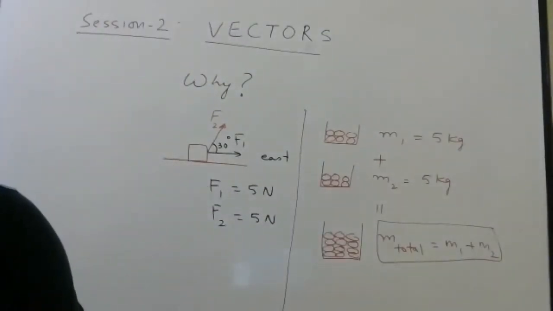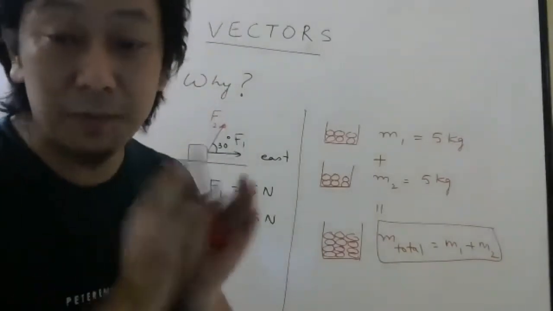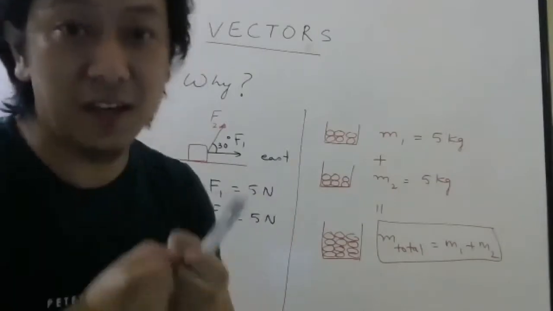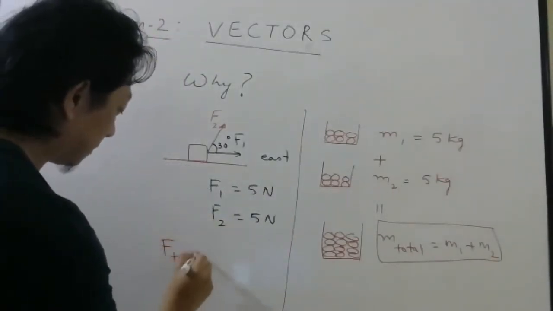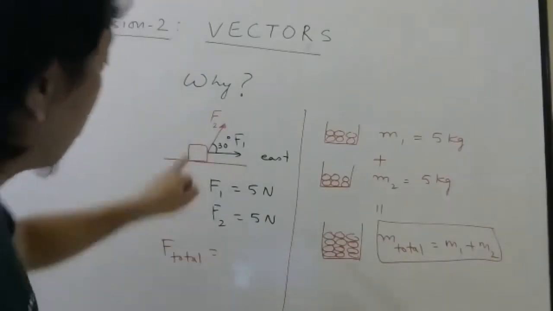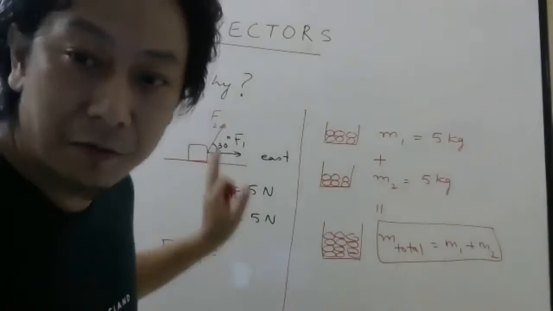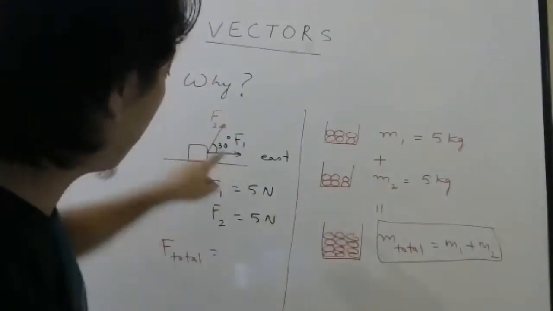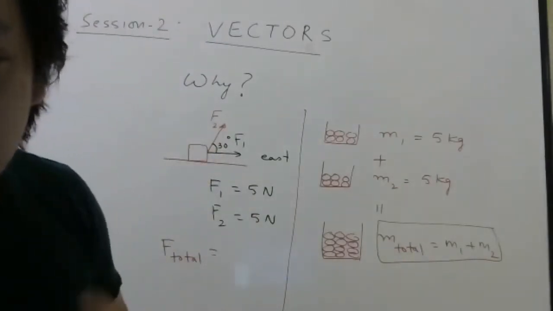Now if I ask, if both the forces act simultaneously, together, then what will be the total force on this object? I am applying 5 Newton. You are applying 5 Newton. And the directions in which we are applying make an angle of 30 degree. Then what is the answer for total force?